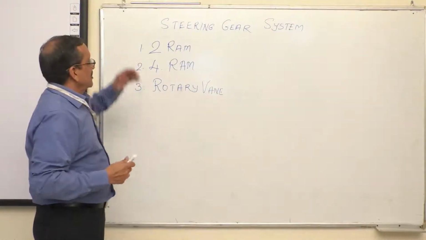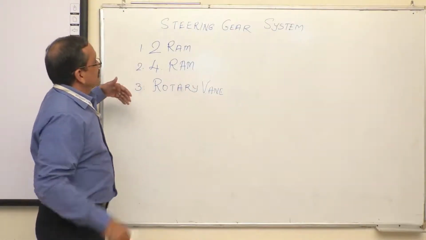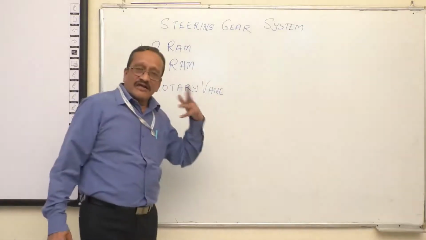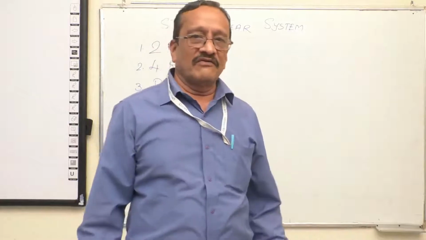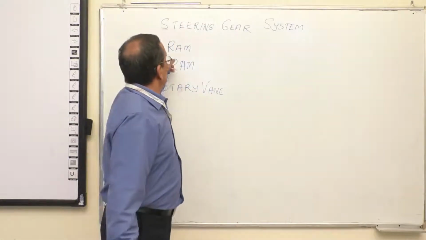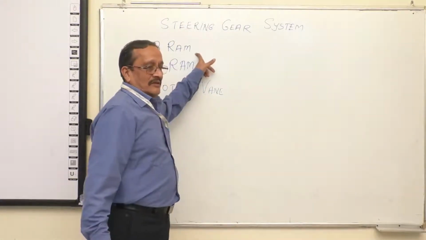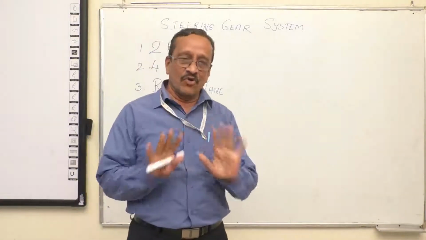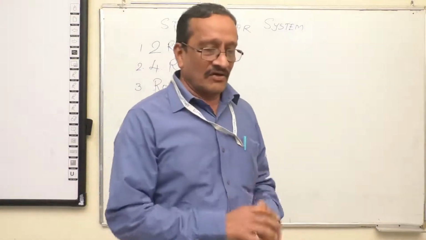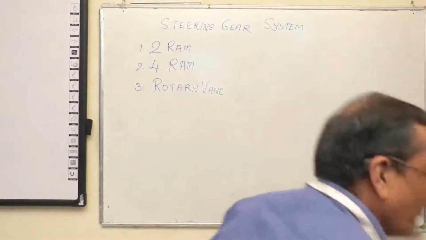So these are the three major steering gear systems that are available. But today we are going to limit ourselves to the 2-ram system. If you can understand the basics, I think it will be good. So let us see how this 2-ram system functions.